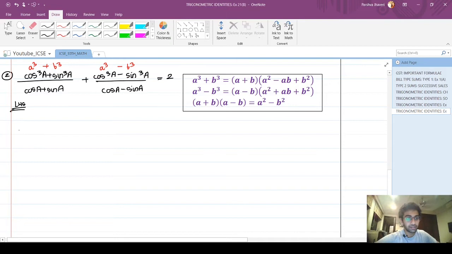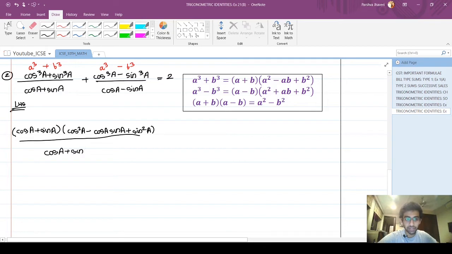How will I write it? A cube plus b cube is a plus b into a square minus ab plus b square. That is your formula. Do not take LCM in the denominator, please.